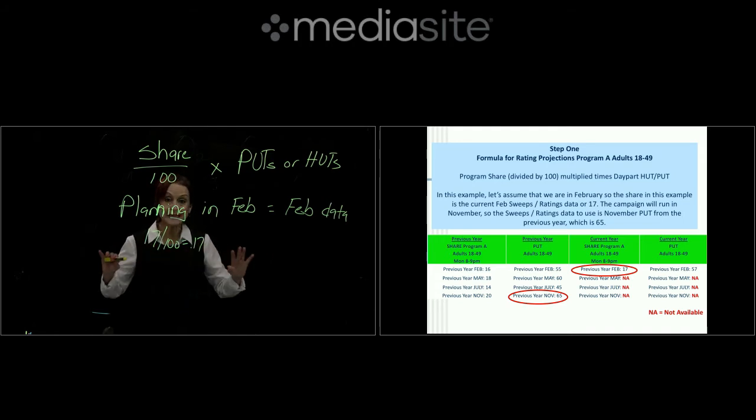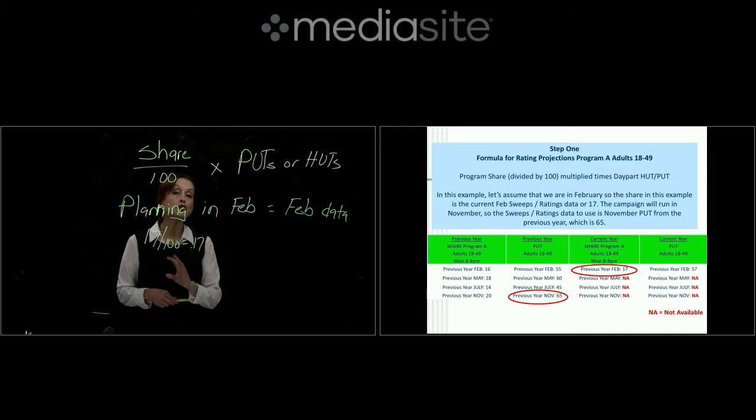This is the addition of all the ratings and all the programs for adults 18 to 49, Monday 8 to 9 in November. This number signifies how many potential adults 18 to 49 can be watching television during November using Nielsen historical data. Remember that we're guesstimating, and that's how projections are done. The PUT in this example for November of the previous year is 65.